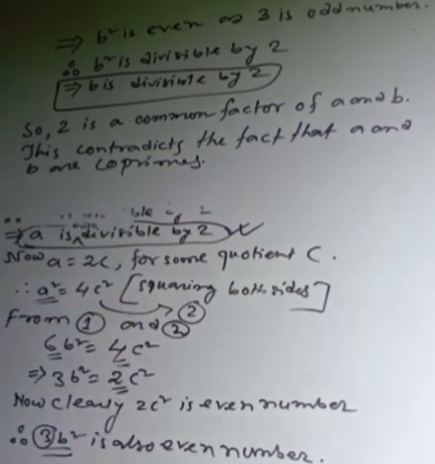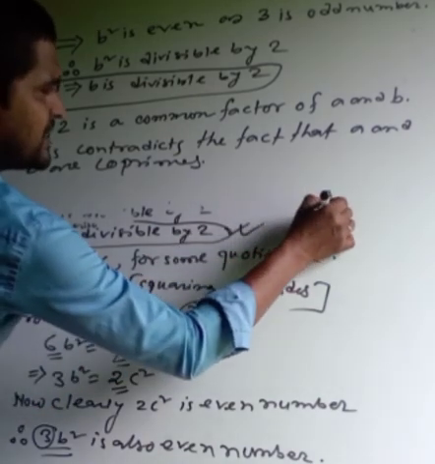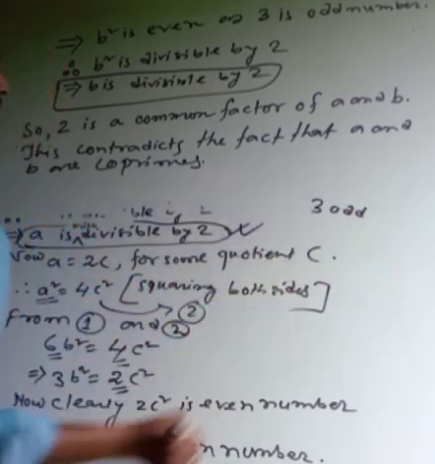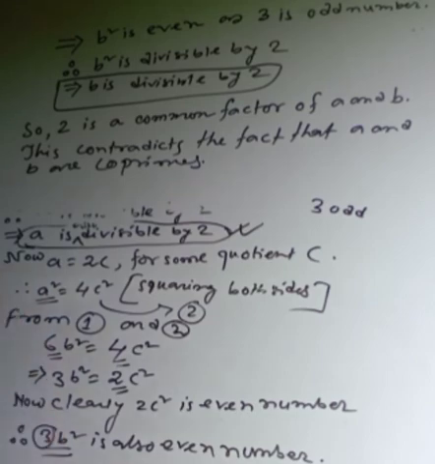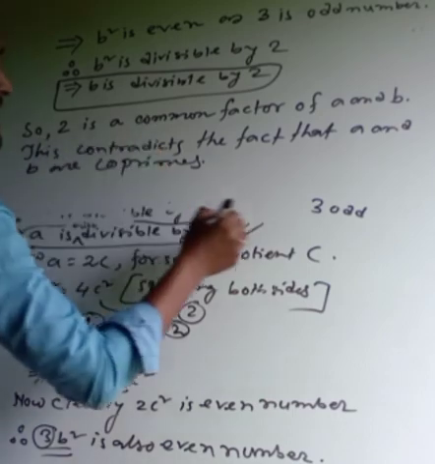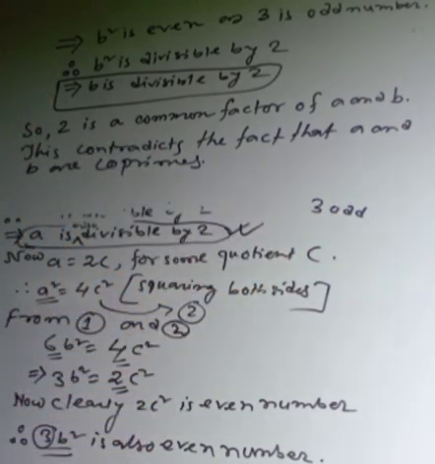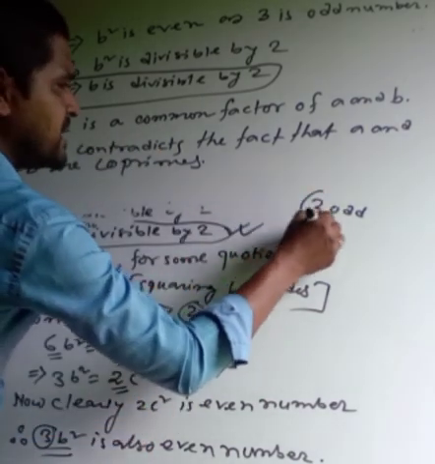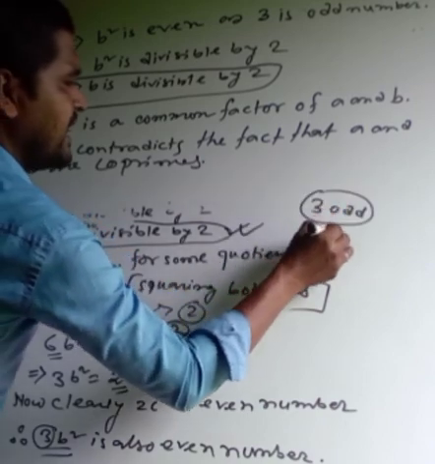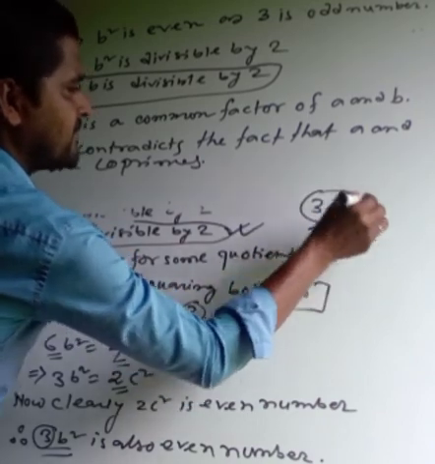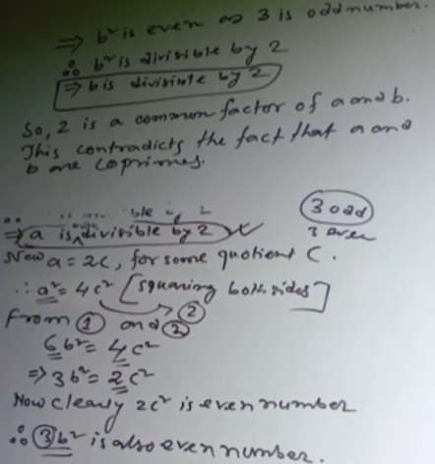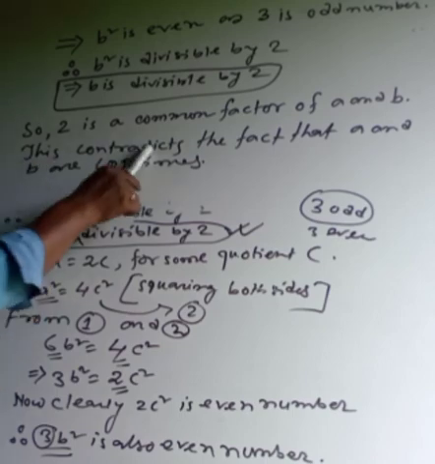Suppose I have considered 3 is odd, but after finding the solution or getting the result, we have seen 3 is an even number. If it is like that, then only we can write this contradicts the fact.